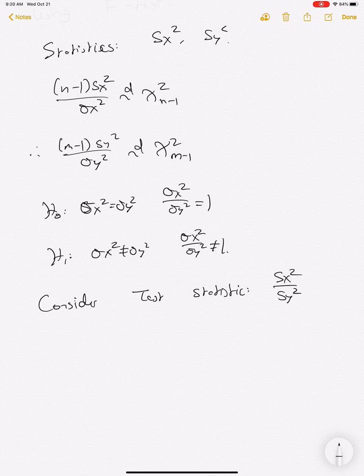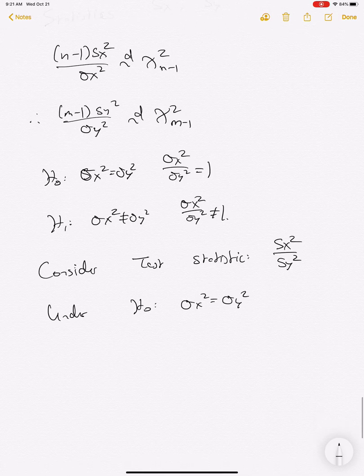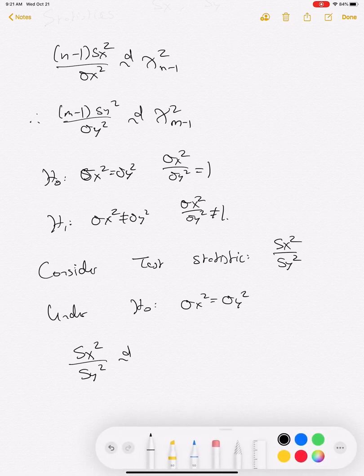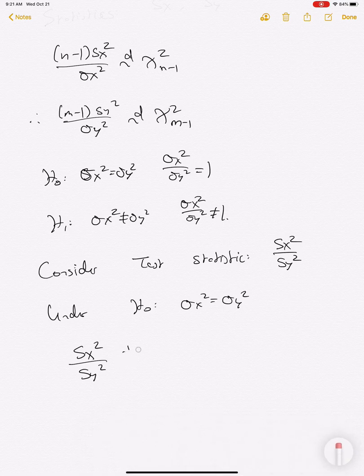Then what you can see is that under h naught, which is that sigma x squared equals sigma y squared, sx squared over sy squared has the distribution of, let me just write this out more explicitly. That just equals n minus 1 sx squared over n minus 1 sigma x squared, and then we divide that by m minus 1 sy squared over m minus 1 sigma y squared.